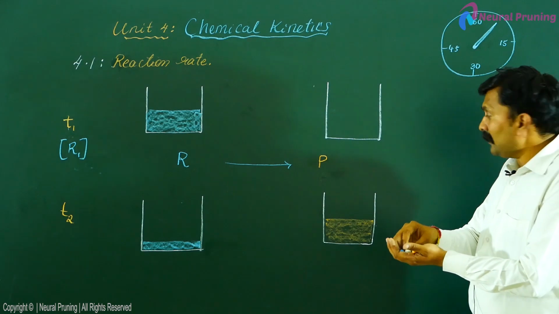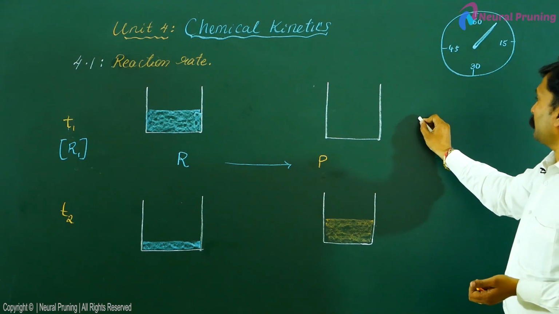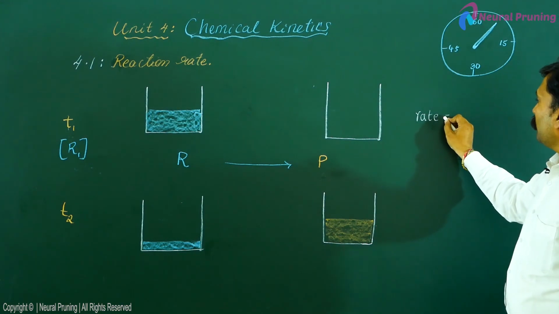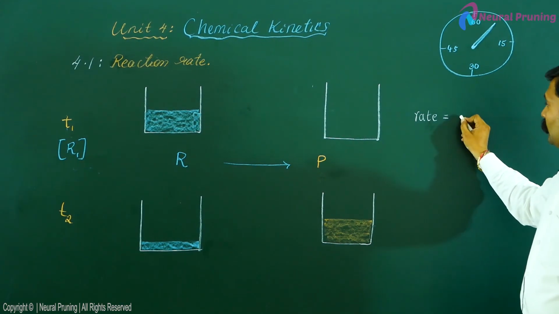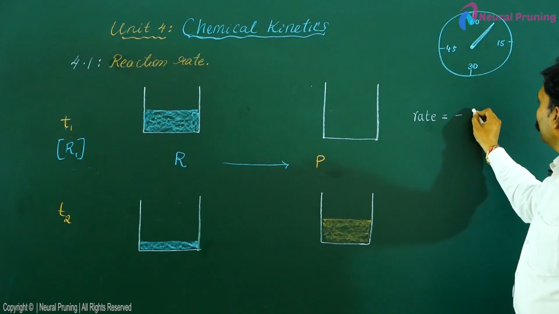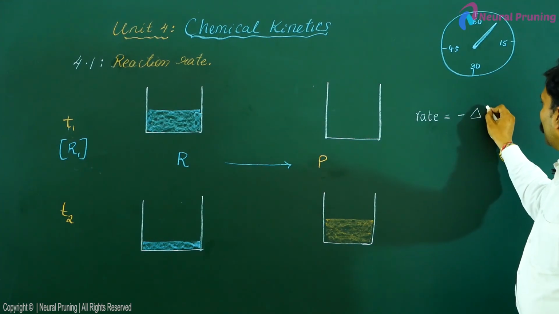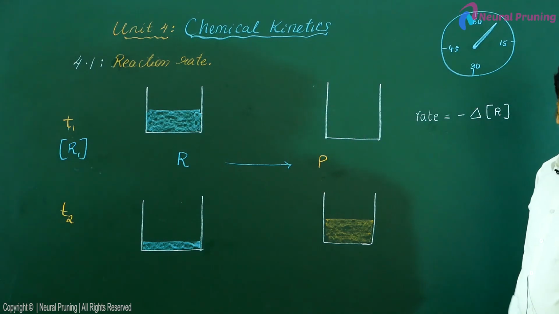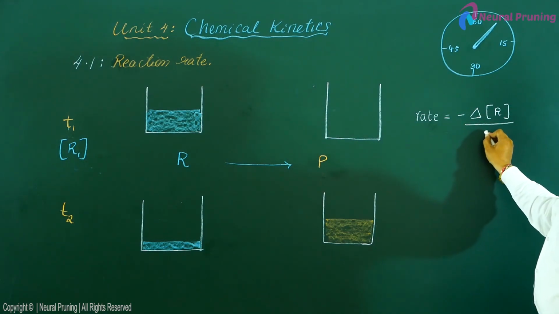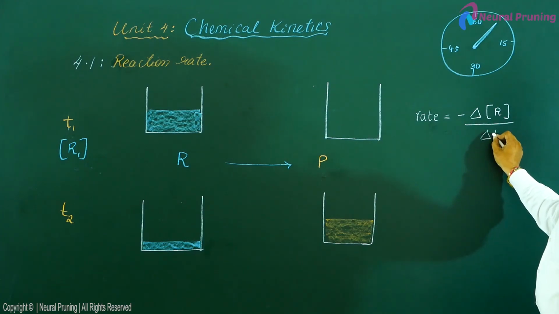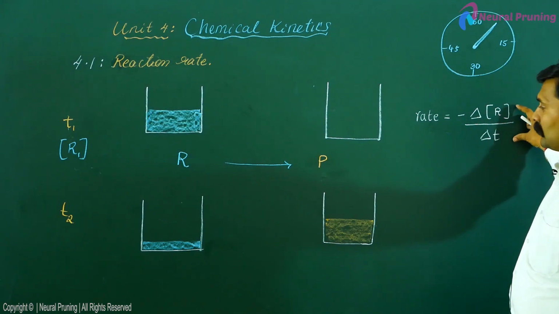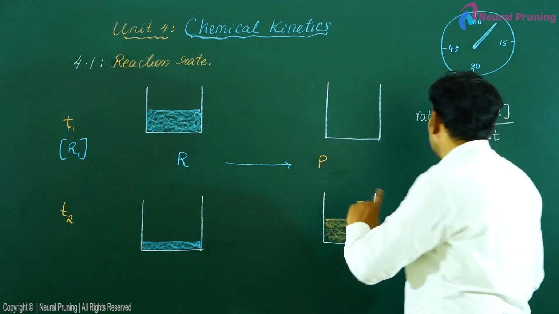So if I write it as an expression, the rate is equal to minus delta R by delta T. We are going to have numericals related to these formulas.